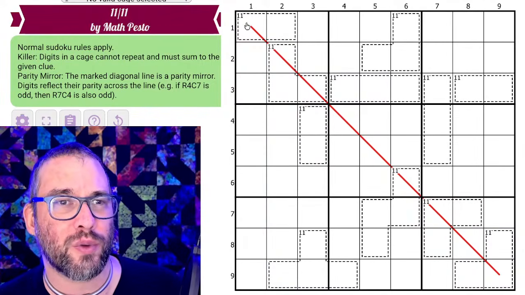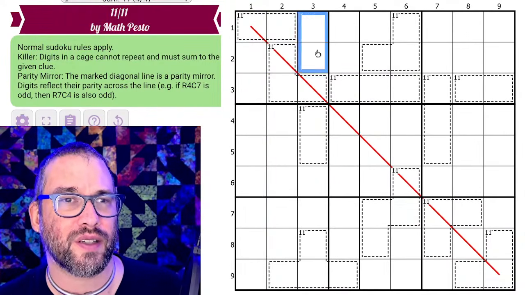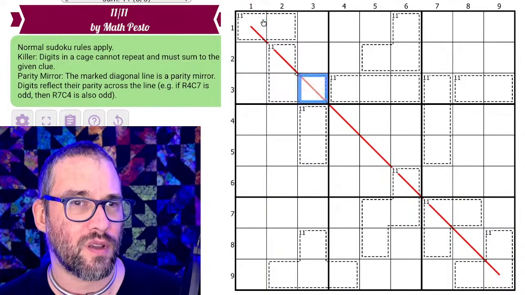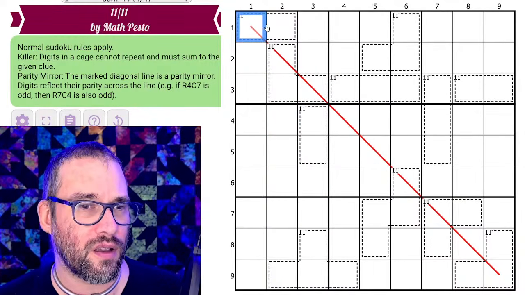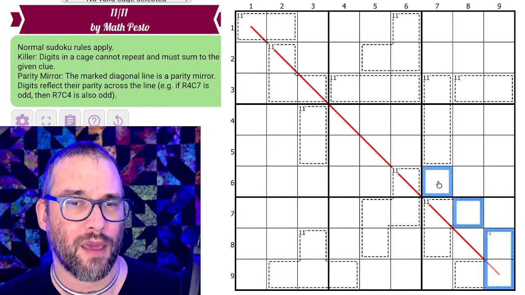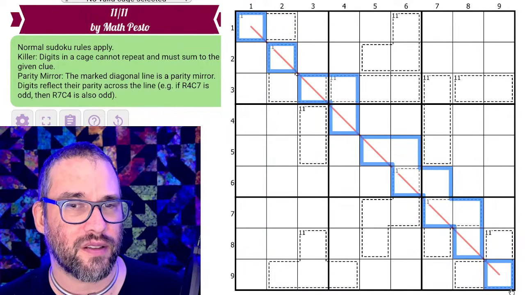And we mirror digits parity across the line.